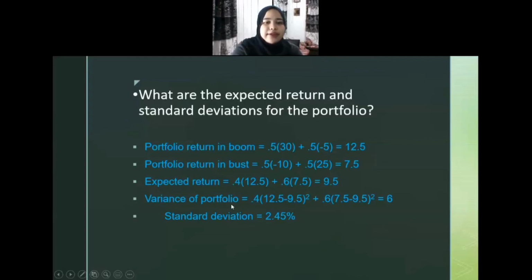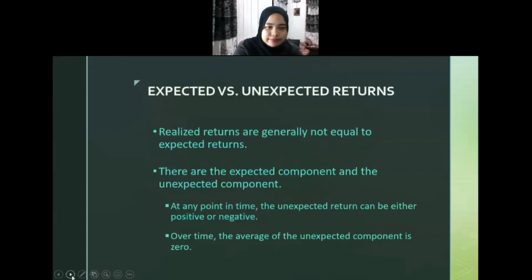And for the variance, 0.4 times (12.5 minus 9.5) to the power of 2 plus 0.6 times (7.5 minus 9.5) to the power of 2, and we will get 6. And for the standard deviation, we take the square root of 6 and we will get 2.45%. So that's how we calculate the expected return of an individual asset and also of the portfolio.